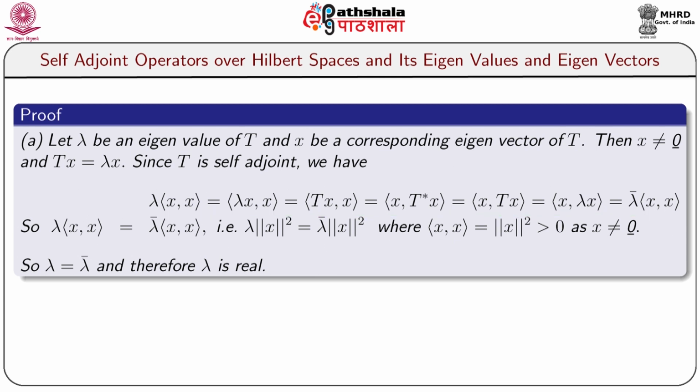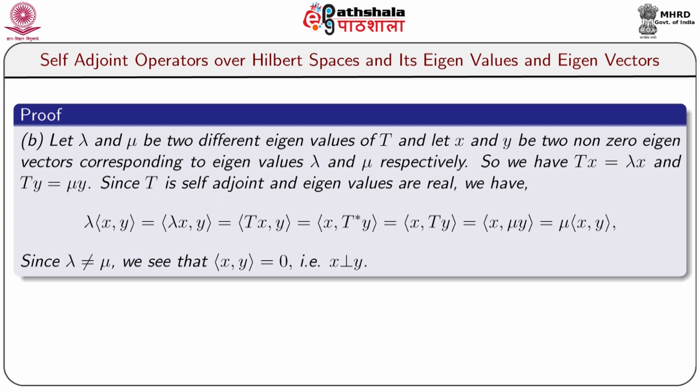So lambda times inner product x comma x equals lambda bar times inner product x comma x, that is, lambda times norm x squared equals lambda bar times norm x squared, where inner product x comma x equals norm x squared, which is greater than 0 as x is a non-zero vector. So we see that lambda equals lambda bar and hence lambda is real.